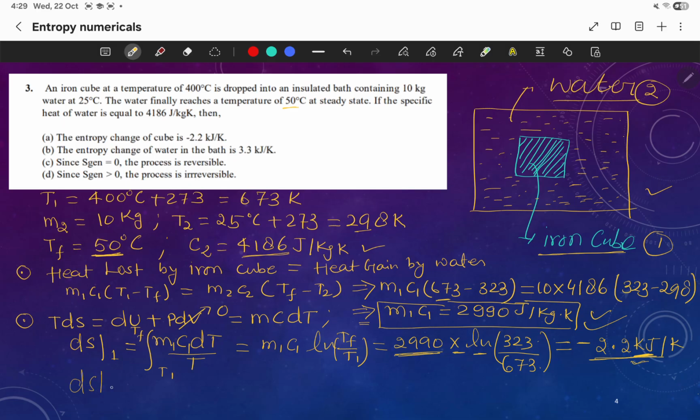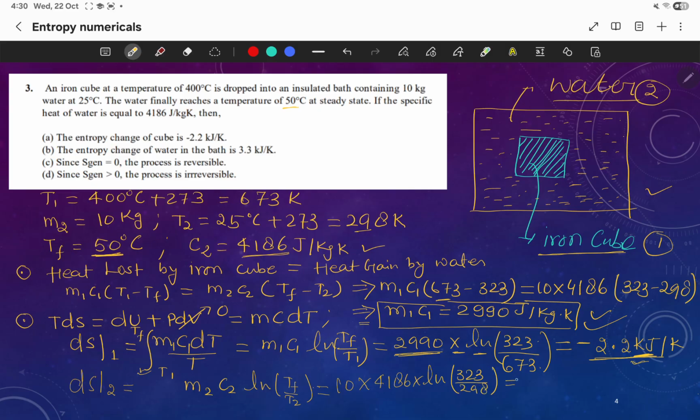Now let's calculate the entropy change for water. It will be M2C2 ln(TF/T2). Do a similar integration as we have done here and you will get the same result. We have the values of M2 and C2: 10 into 4186 into ln of T final 323 upon 298.